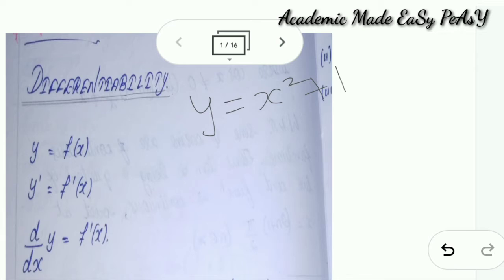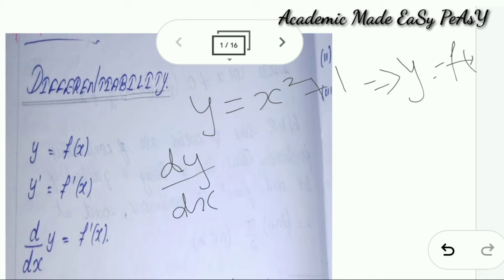My function is y is equal to f of x, that is x square plus 1. I will write it as y dash or d by dx. Mostly we will be using d by dx only, so I will write dy by dx. If you write like this also, it is right.